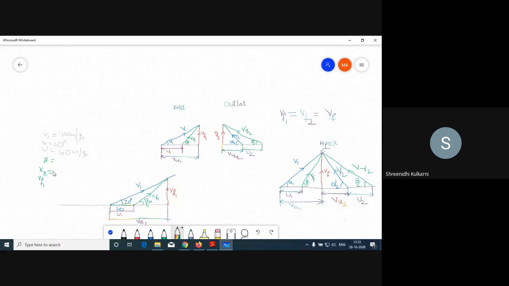If Vr1 equals Vr2, we already measured beta, and by using this beta we can start the velocity triangle here. Then beta 1 equals beta 2, so I will start from beta to beta, alpha to alpha. So this is alpha 1.